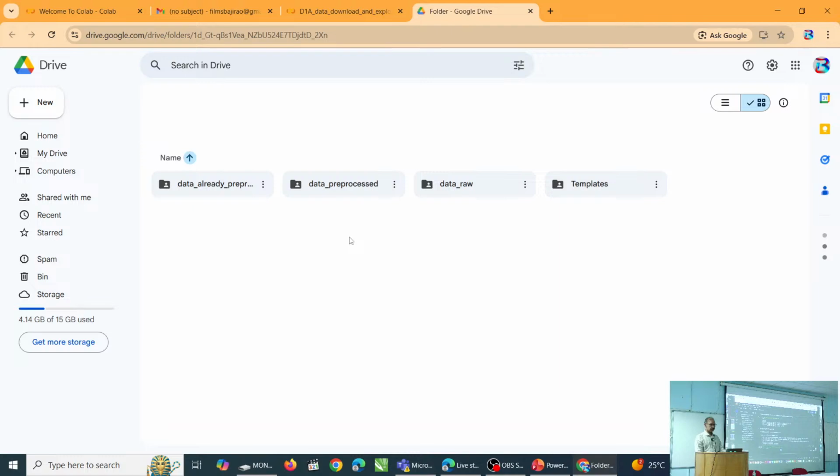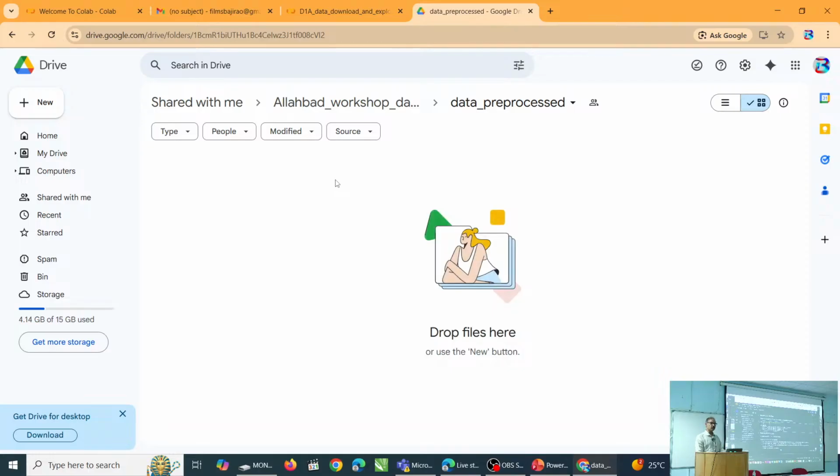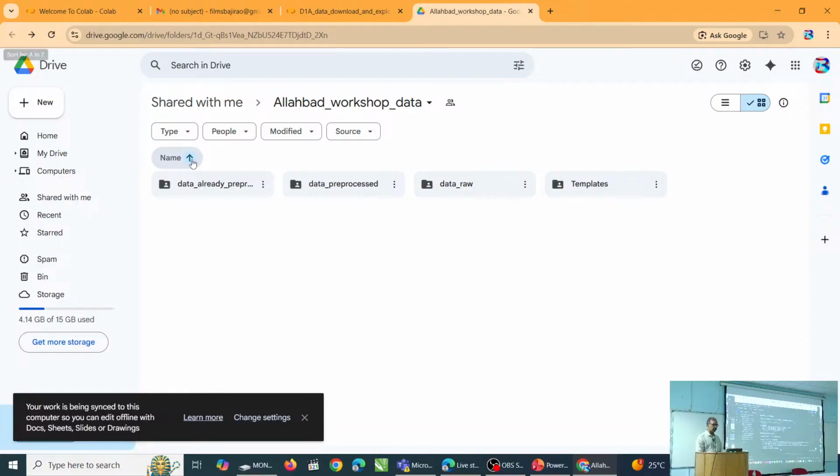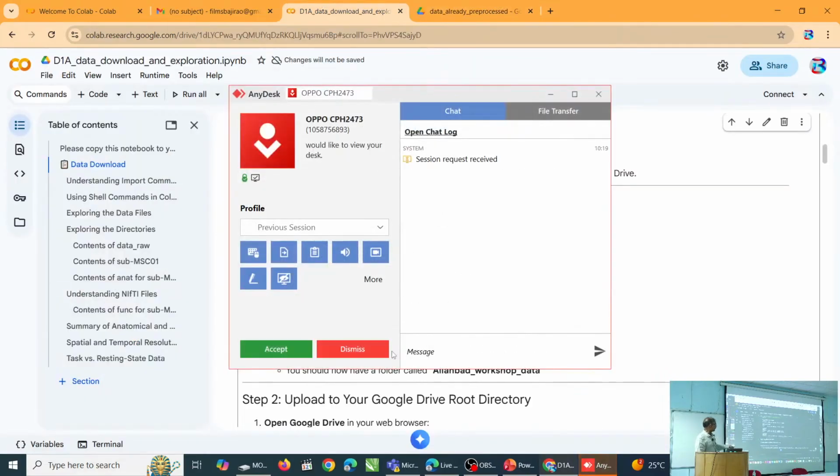So these are different ways in which you can look at the data. If you know the Linux command, you can also use this one, which will tell you there are 4 directories, and further, in each directory, what files or directories are present.